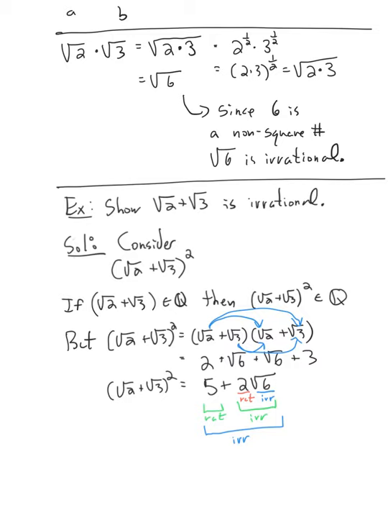Which tells us, remember, up here, if square root 2 plus square root 3 was rational, then its square would be rational. But we found out that its square was irrational, so the number itself, square root 2 plus square root 3, must be irrational.